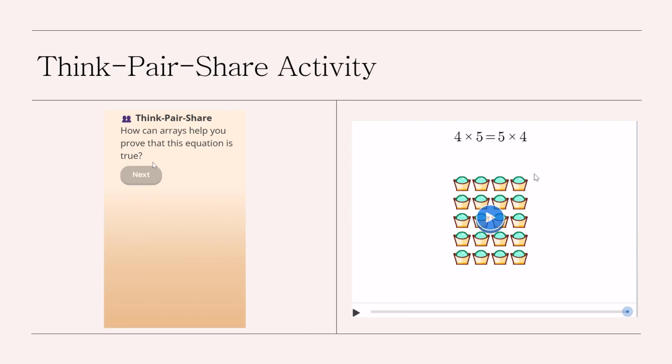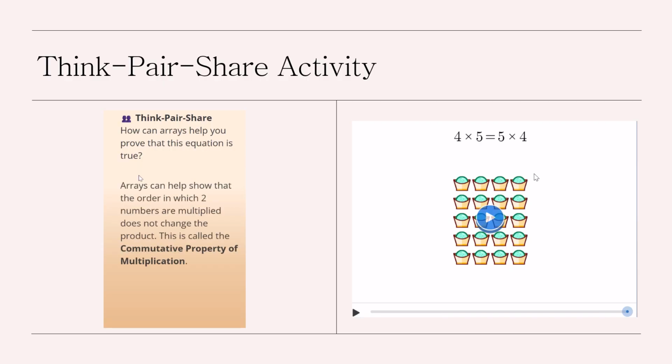Here is a think, pair, share activity that they may do with a partner or independently. It gives them a prompt: How can arrays help you prove that this equation is true? They look at the array model, 4 times 5 and 5 times 4.